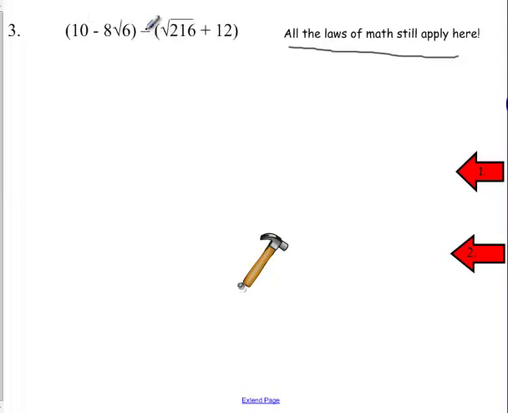I'm going to take this negative right here and distribute it. So I have 10 minus 8 radical 6 minus radical 216 minus 12 because I distribute.